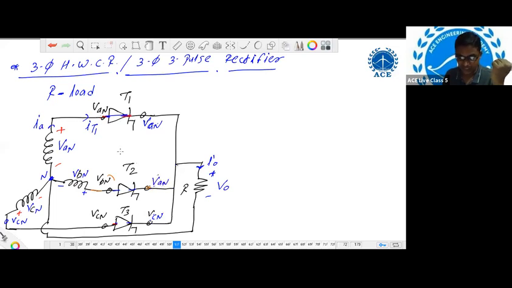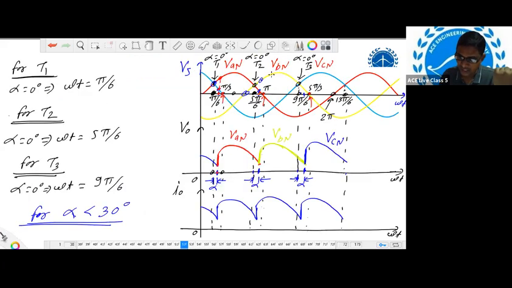You can check the voltage at the anode of thyristor T2 is VBN, and at the cathode of thyristor T2 is VAN. So unless and until VBN becomes greater than VAN, our thyristor T2 will not switch into forward bias mode. You can check the instant where VBN is greater than VAN, that is 5 pi by 6. So that's why we indicated alpha equal to 0 degree for T2.